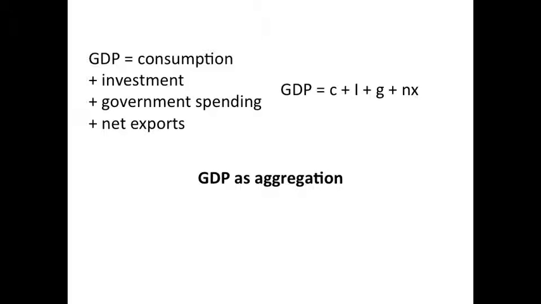Then investment, government spending, which sometimes can be consumption, but it's a different story here. This is important as well to keep in mind, it's aggregation, it's not the individual items. And the net exports.